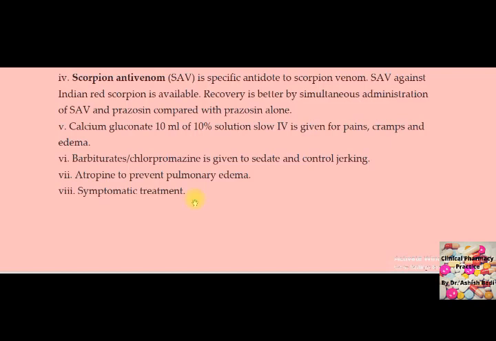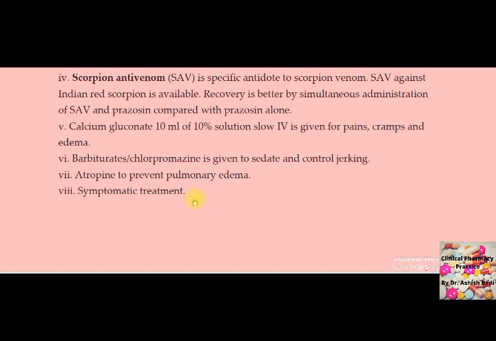The red scorpion is very commonly found in India, in forests and forest areas, as well as in garden areas. So red scorpions are very common in India.